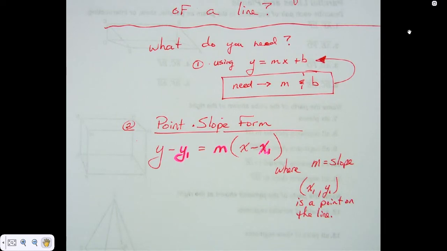Now, if you'll notice, sometimes they ask you to find the equation of the line in slope-intercept form.